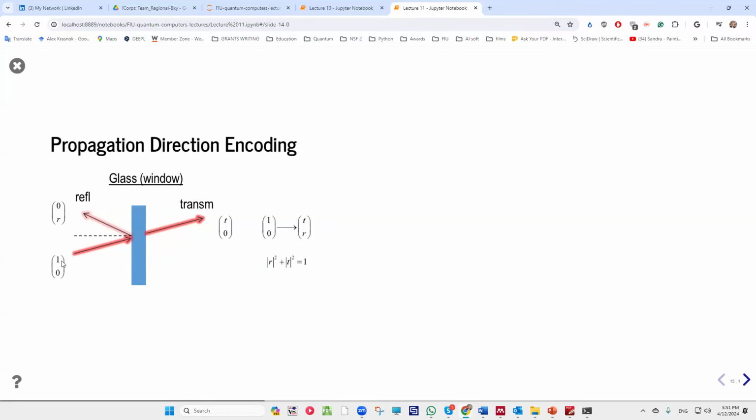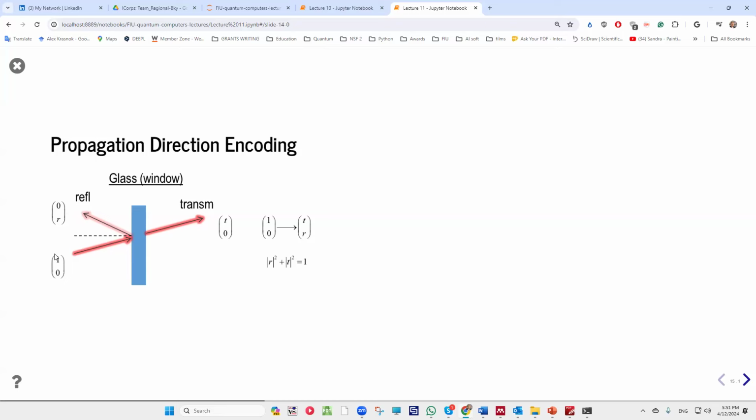And let's say I normalize the initial state of a photon to (1, 0), so this is my 0 state, then this piece of glass creates a superposition of R, 0 and T, 0.